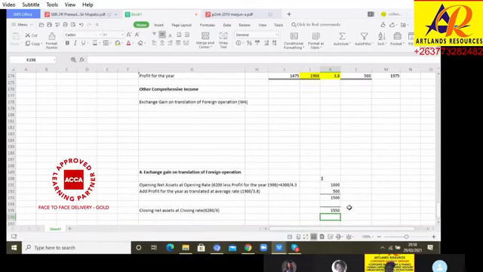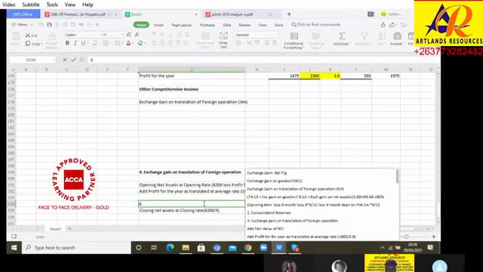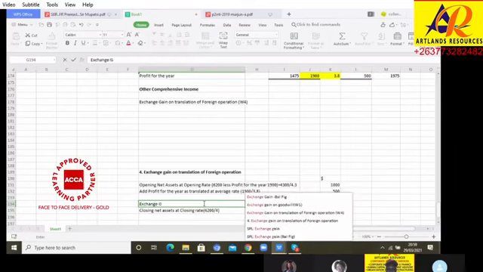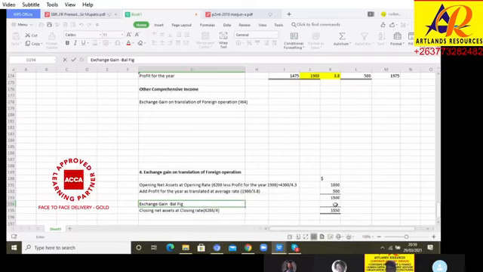So closing net assets is 1,550. So after making profit, we were expecting your net assets to be at 1,500. What then took them up to 1,550 is the exchange gain. It's a balancing figure, which is 50. So it is that gain.